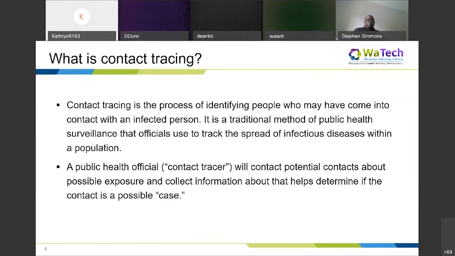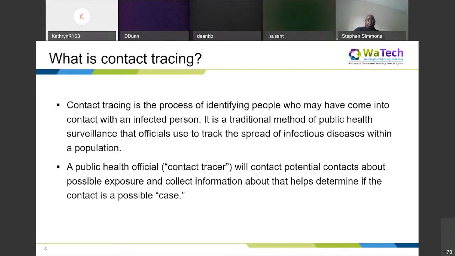So contact tracing is the process of identifying people who may have come into contact with an infected person. And it's really a traditional method of public health surveillance that officials use to track and spread infectious diseases within a population. And that's been a method used for decades. We're just hearing about it a lot now in popular conversations and media attention because it's affecting all of us in our daily lives.